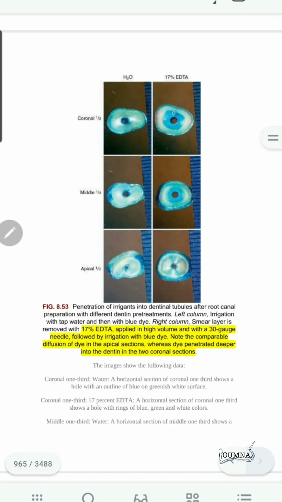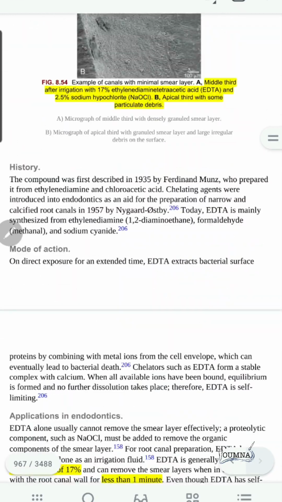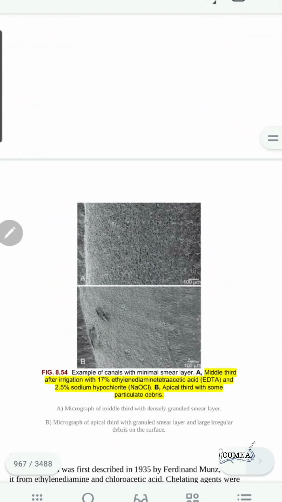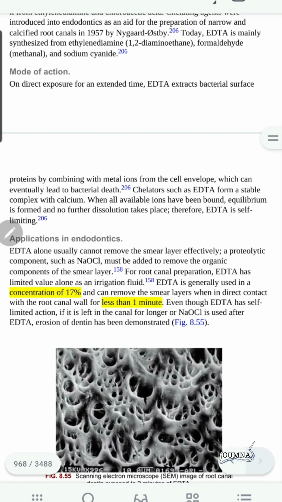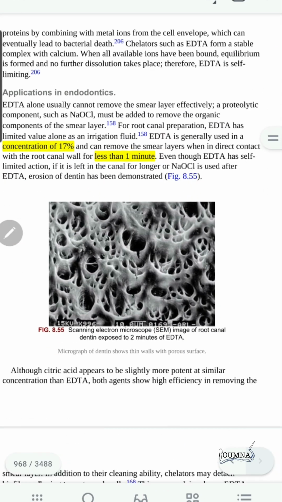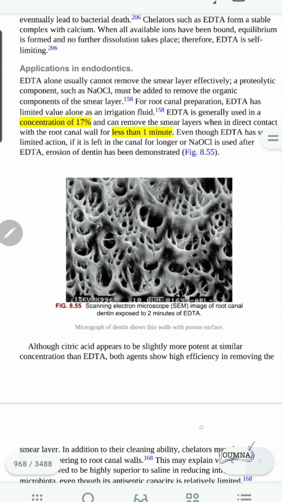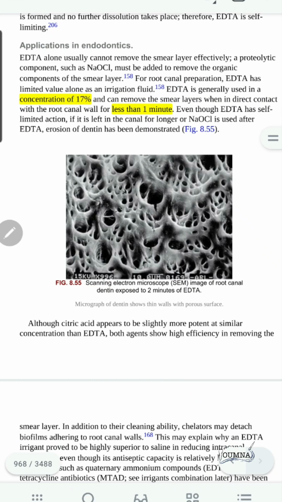This penetration was mostly in the coronal part, and it decreased as we went apically. We can see the effect of the EDTA under the microscope, how the surface becomes clean. It is used for less than a minute, and its temperature should not by any means be increased beyond 20, because it decreases its efficiency.